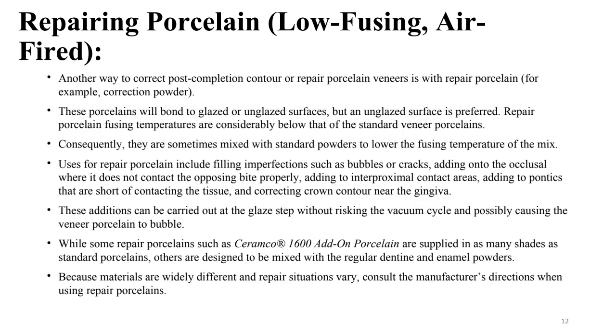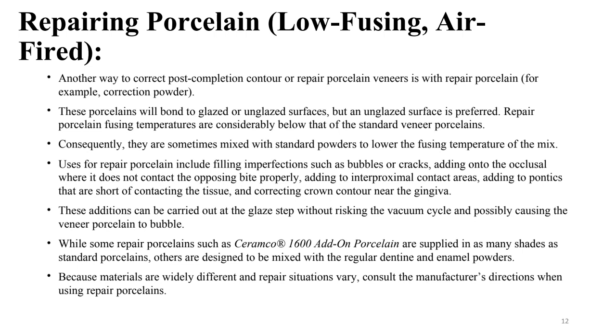So if we need to repair porcelain, what can we do? We can use a low fuse porcelain to repair it. All right. And again, low fuse porcelain has a low baking temperature, so we cannot add too much.